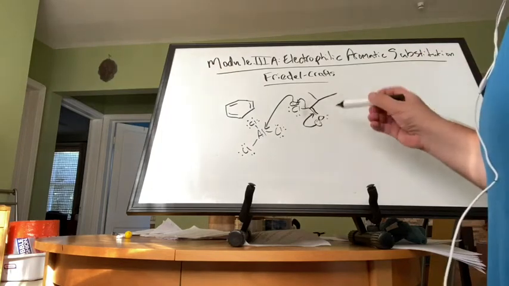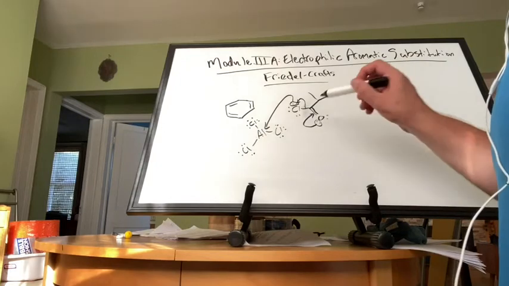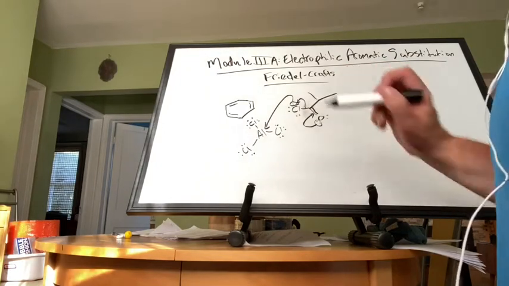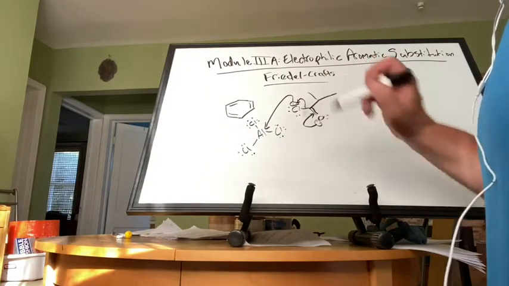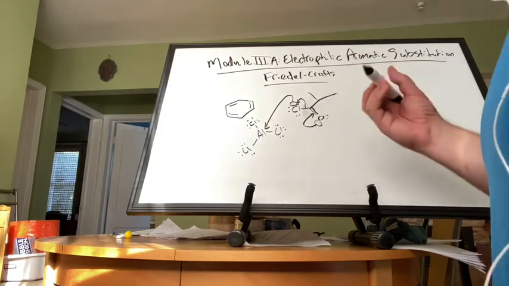So what that does is preserve the octet about the oxygen, because it's still going to stay there, and also secure that carbon to have a full octet as well.